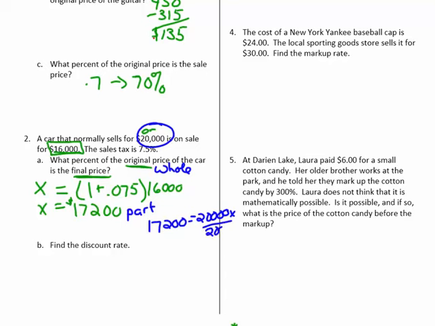So we have to divide by $20,000. And when we do that, we're going to get 0.86, which is 86%.